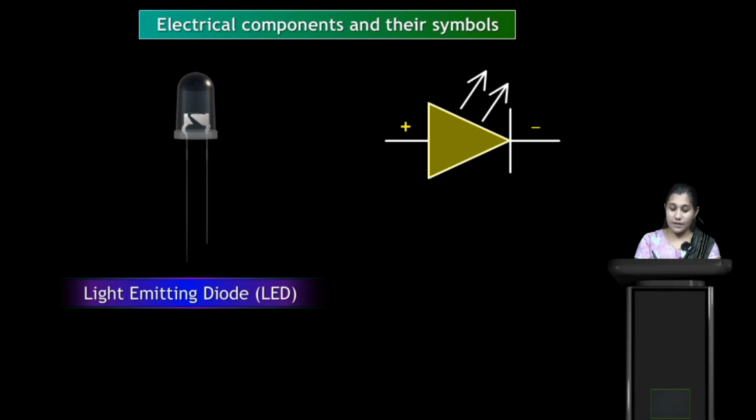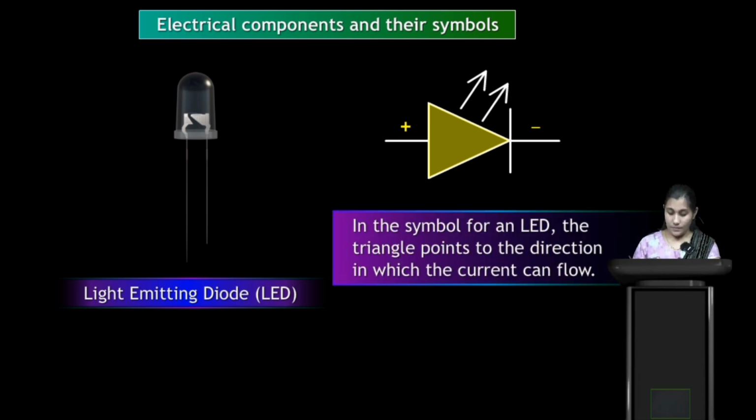And see, this triangle is the light portion through which the light glows. So in the symbol for an LED, the triangle points to the direction in which the current can flow. Now, in the symbol of an LED, we can see one triangle. So this triangle represents the direction in which the current can flow.